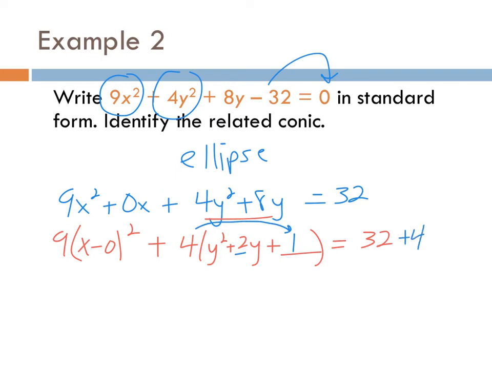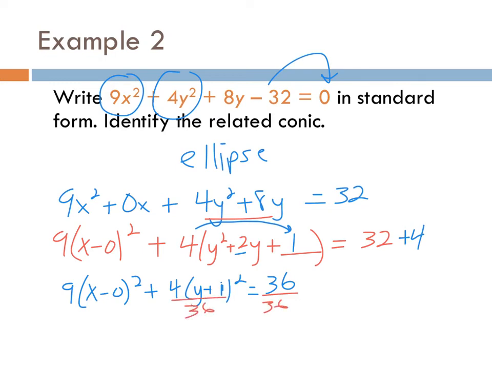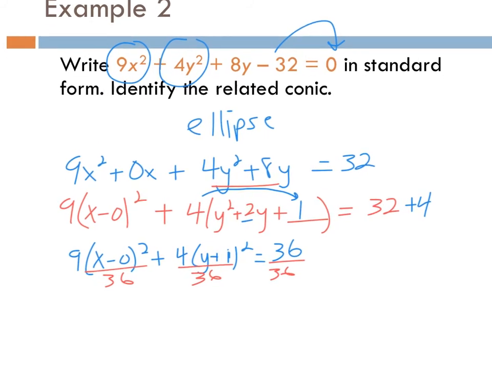And so the first part is 9 times (x minus 0) squared plus 4 times the second term, which becomes (y plus 1) squared, and it's going to equal 36. And remember, for an ellipse, we want to make it equal 1, so we have to divide each side by 36 and reduce those coefficients.